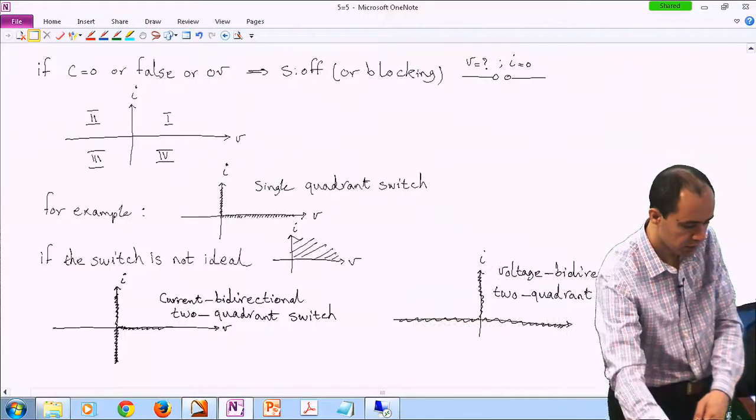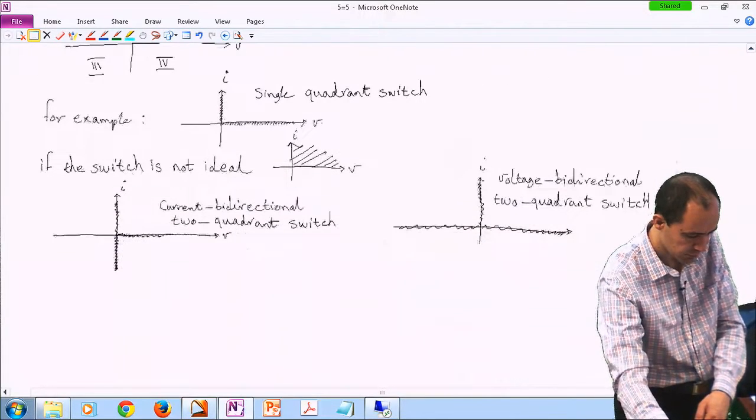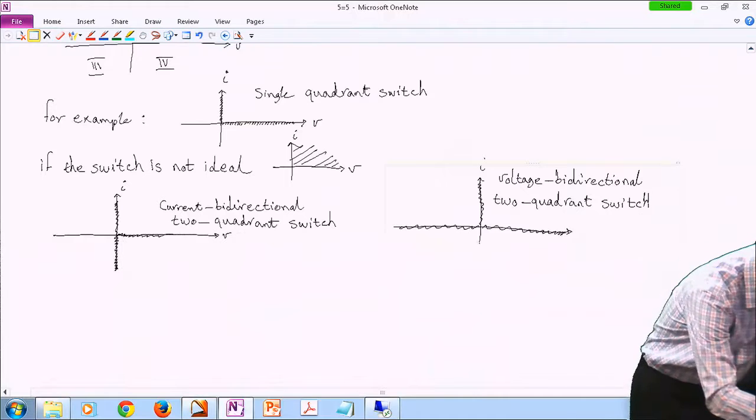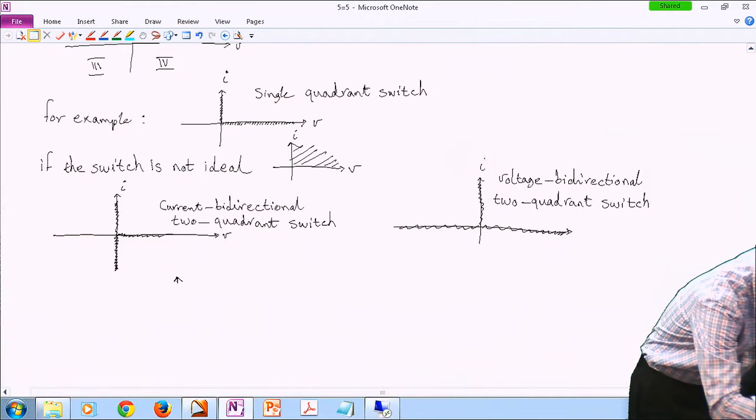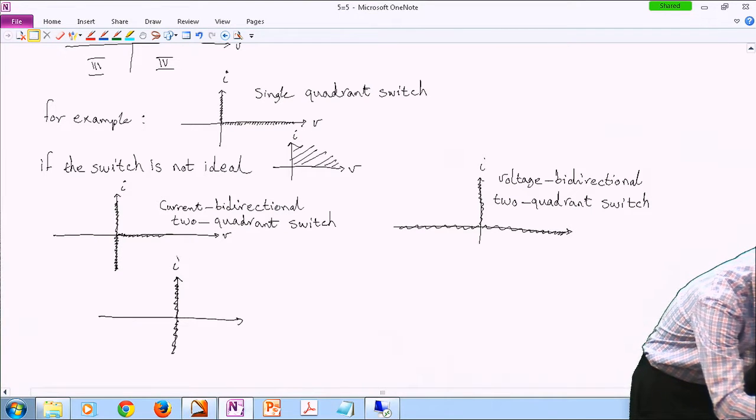For instance, one diode in series with an IGBT would do this. And sometimes your switch is supposed to be all over the place. It is supposed to be conducting positive currents, negative currents, blocking positive voltages, blocking negative voltages.